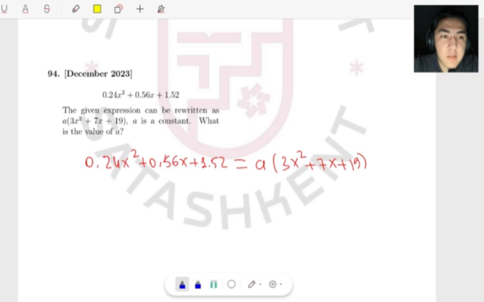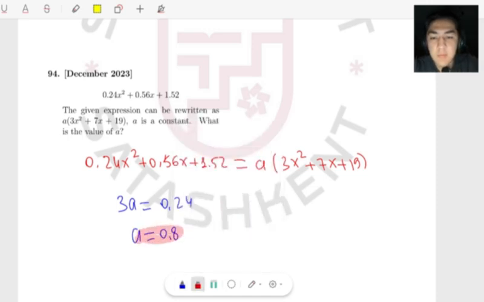Because now if you multiply 3 by A, you have to get what? 0.24. That's it. Because when you multiply them, they must be the same, right? And I'm just gonna equalize the coefficients. So A is gonna be, guys, here 0.8, and this is gonna be our answer for that question.